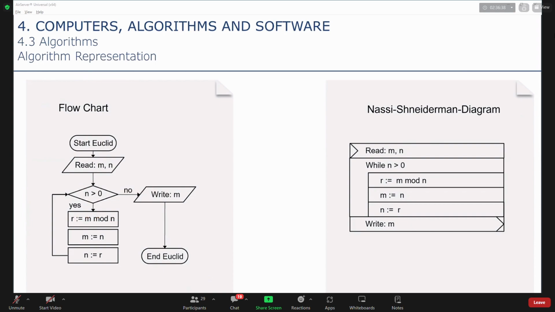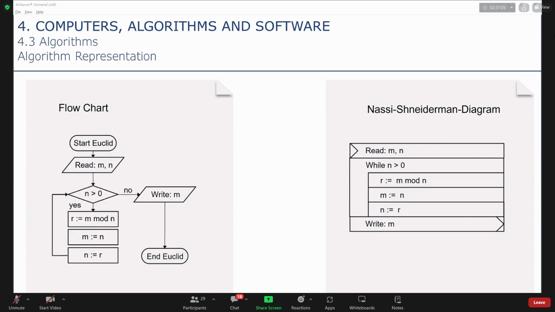So the remainder is the rest if you are dividing m by n. M is then your n, and n is your r. Then you're checking again, is n larger than 0? If yes, then you're repeating as long as n is becoming 0, and then you are printing m as the greatest common divisor.